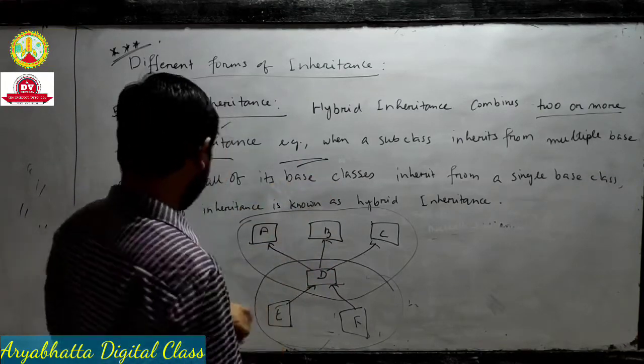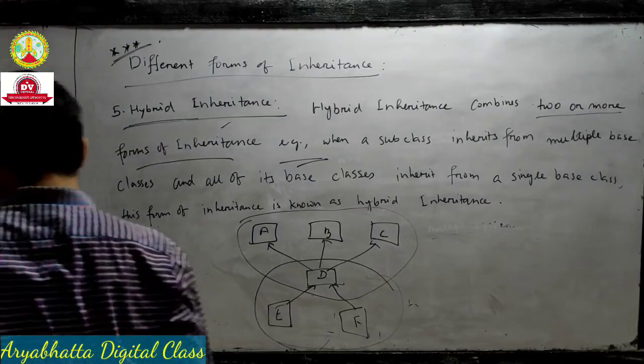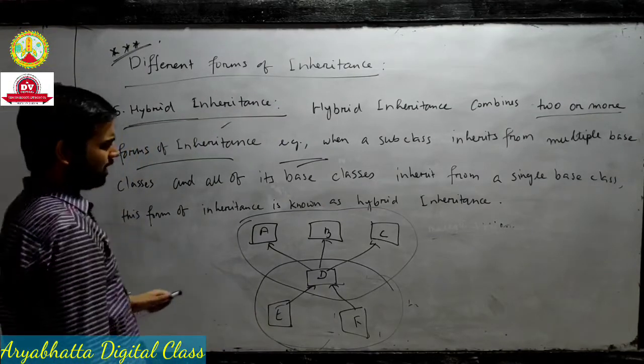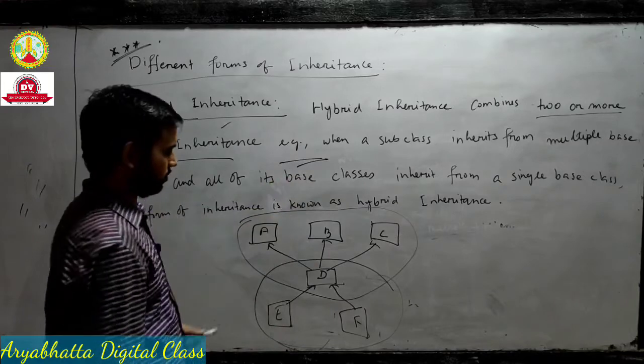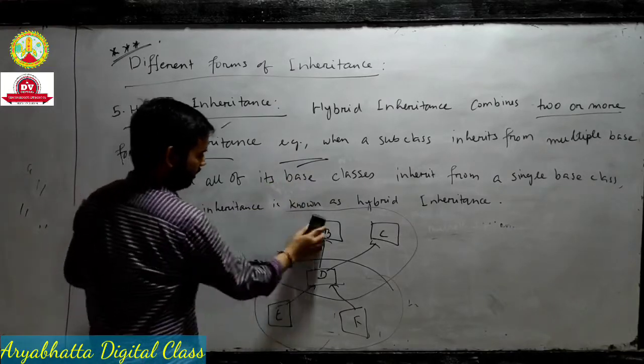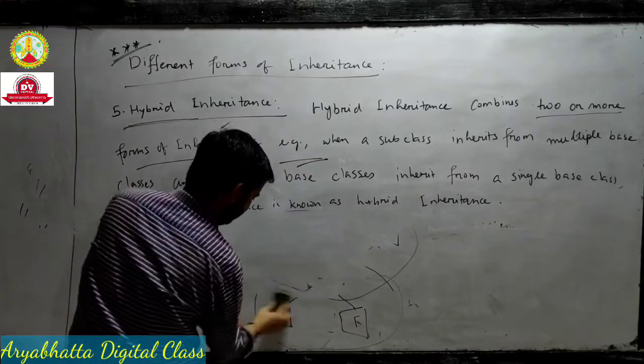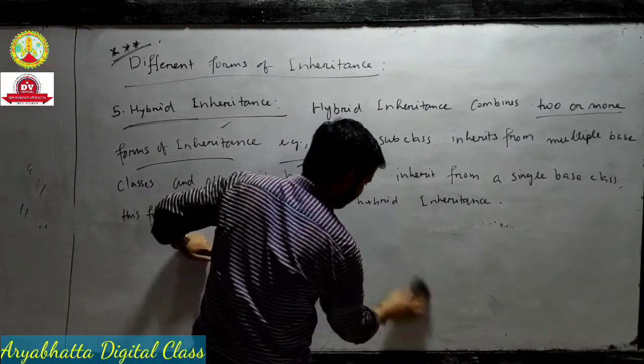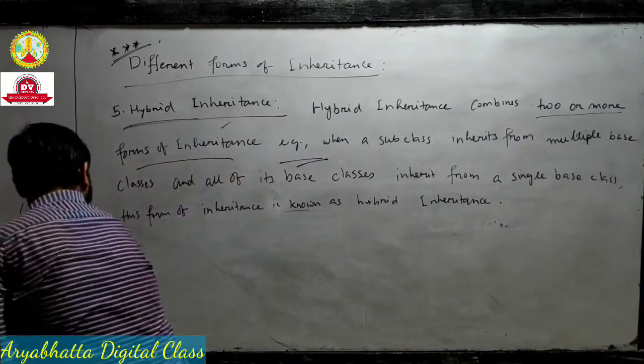Okay, this is the forms of inheritance. You can draw this diagram in exam, or the previous one also. Okay, I clearly draw this diagram. Both diagrams are for hybrid inheritance.